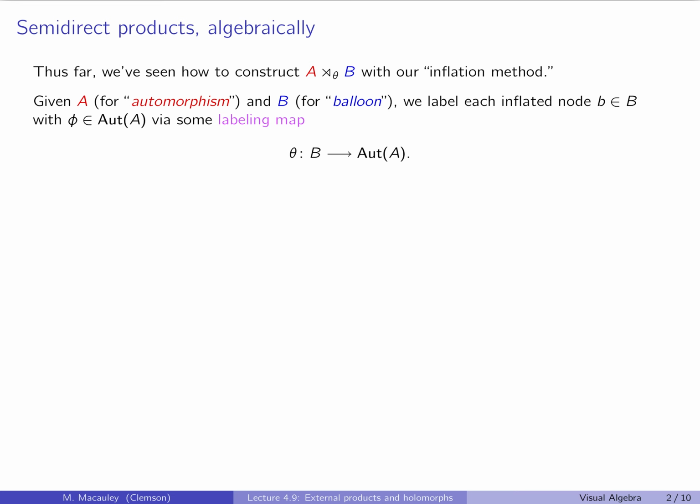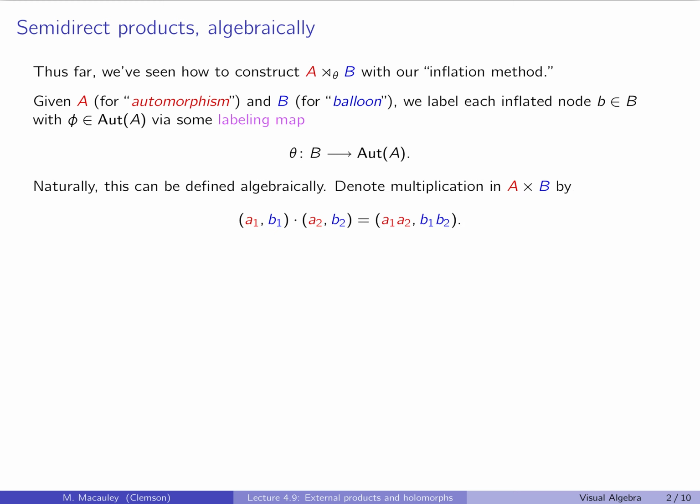And then we stick in rewired copies of A into the nodes for B and connect them up accordingly. But in doing so, we have to label each inflated node with some automorphism to tell us which rewiring goes where. This is done by a labeling map, which is a holomorphism, that inputs the nodes of B, the balloons, and outputs the labels, which are automorphisms. See, I told you, if you haven't watched that video, you really should first.